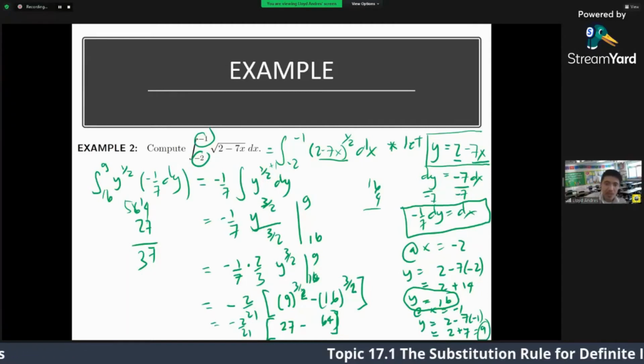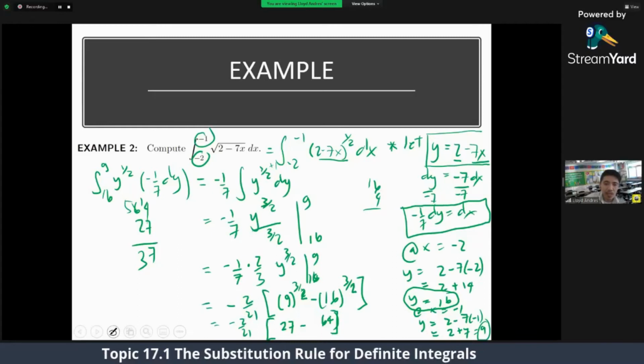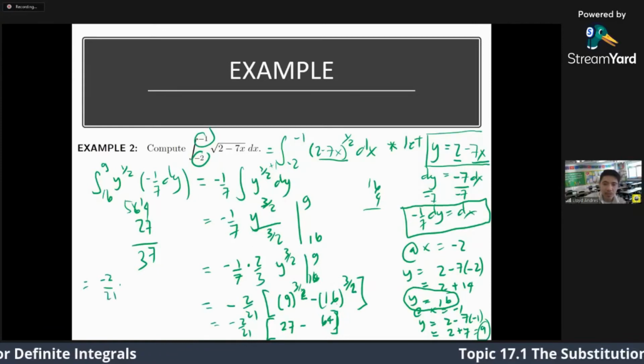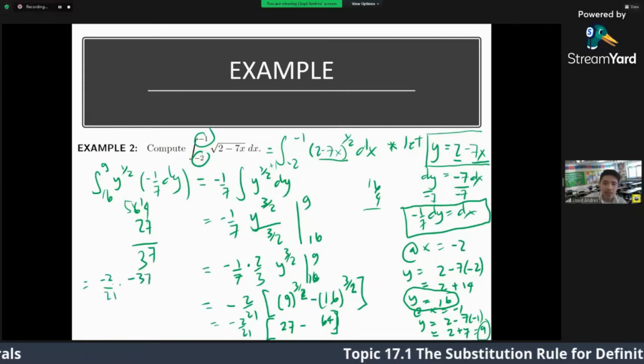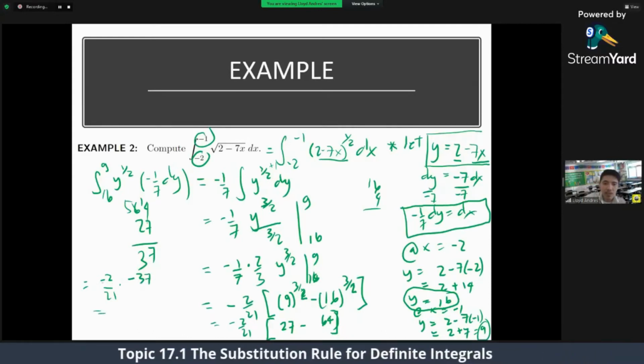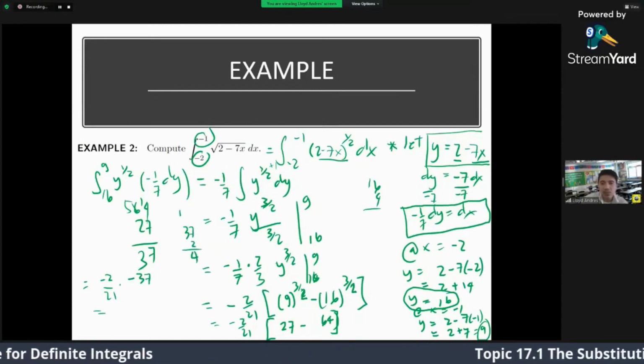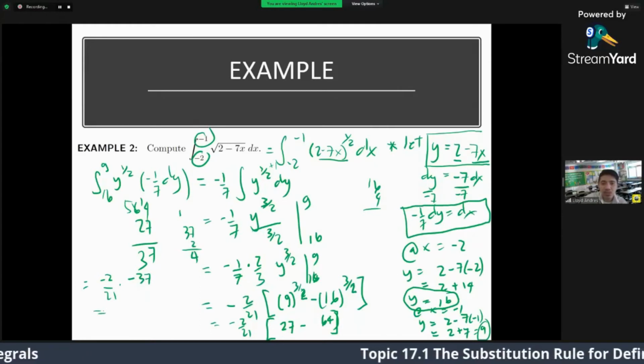It's 64, but negative. So meaning, this will become negative 2 over 21 times negative 37. Then it becomes positive. What is 37 times 2? 74.